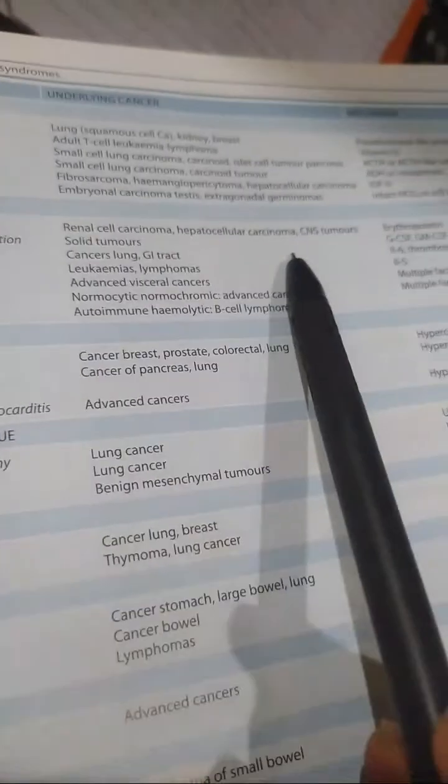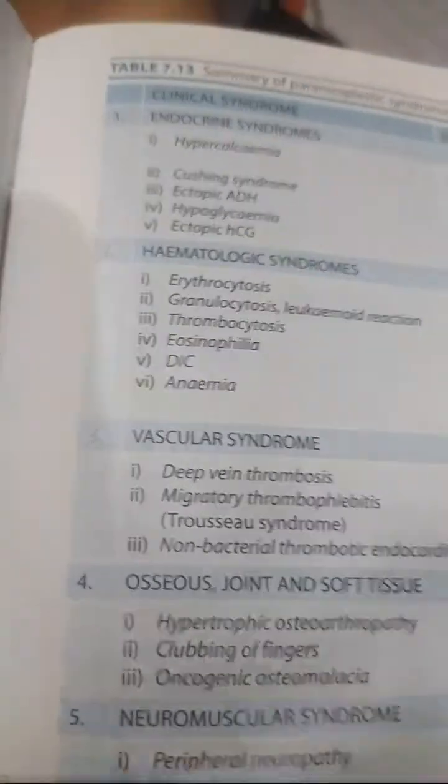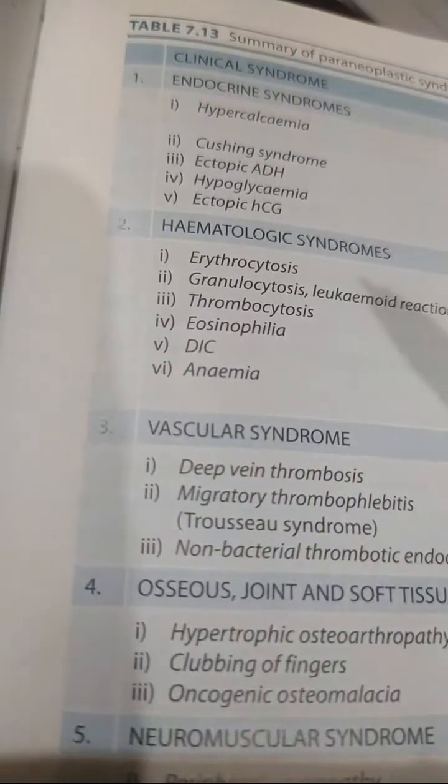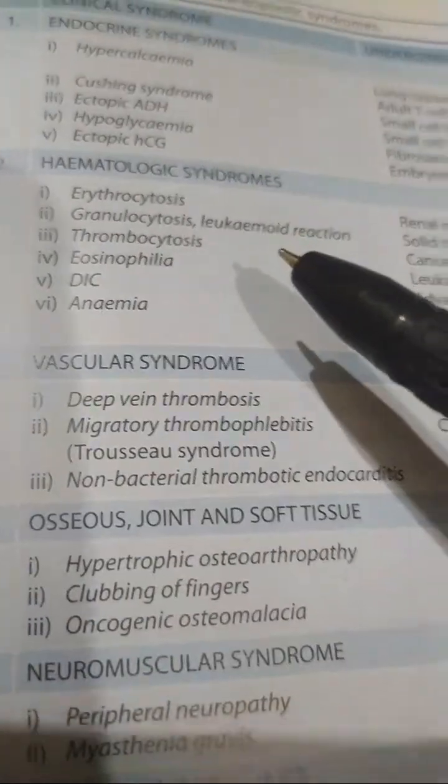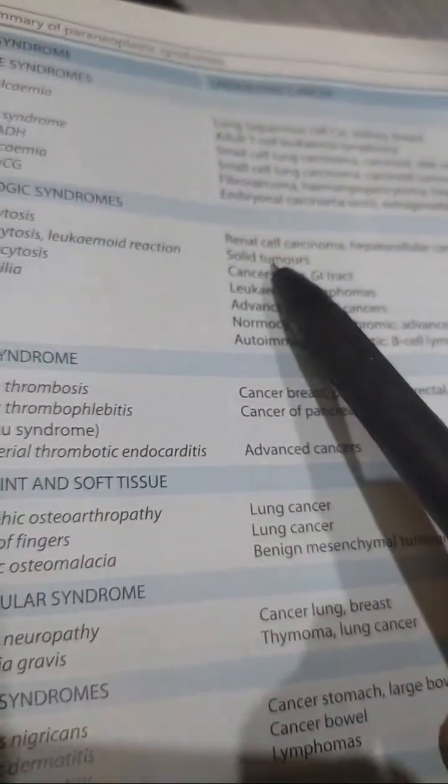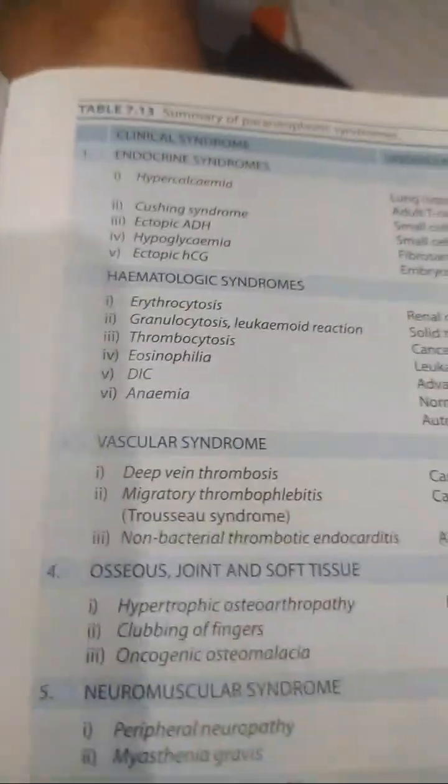Hematological syndromes: erythrocytosis, renal cell carcinoma, hepatocellular carcinoma, CNS tumors, due to erythropoietin. Granulocytosis, leukemoid reaction, solid tumors, due to granulocyte colony stimulating factor and granulocyte-monocyte colony stimulating factor.